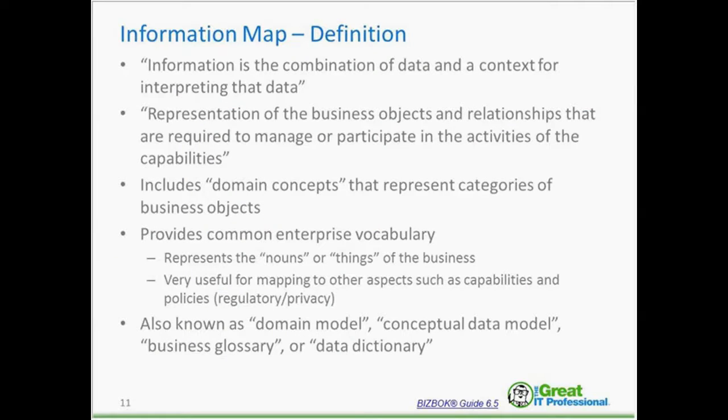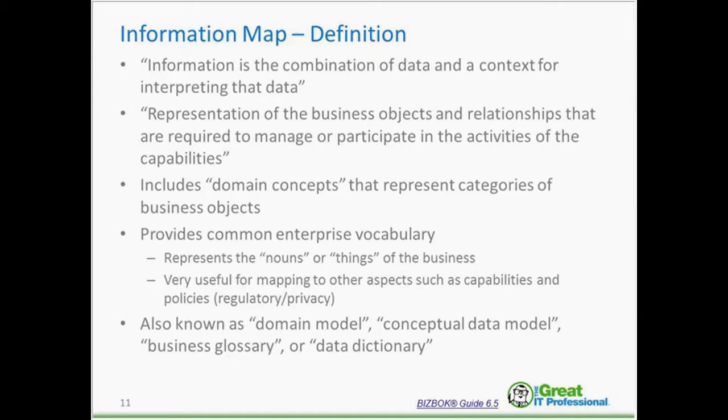So according to the BizBot guide, what is an information map? It's basically a representation of the different kinds of business objects and relationships between them that are required to support the activities related to individual capabilities. This includes not just, as you'll see in a little bit, information concepts, but also domain concepts to represent groups of related business objects.